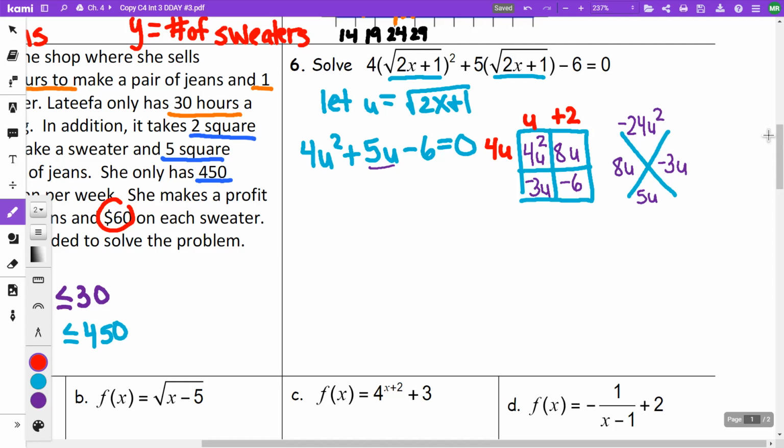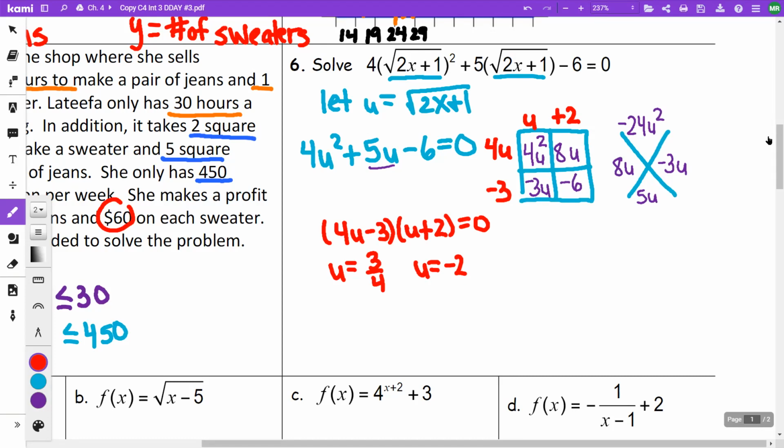U times what gets me a negative 3u? Negative 3u. So my factors are going to be a 4u minus 3 and a u plus 2. We're going to set that equal to 0 and solve. And so one answer is u is equal to 3/4. Another answer is u is equal to negative 2.